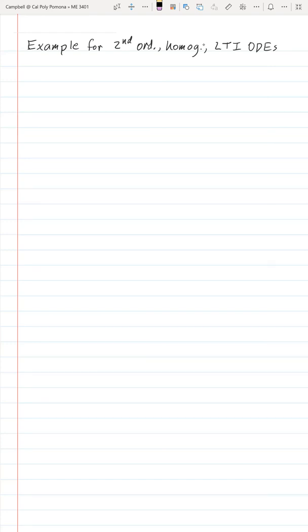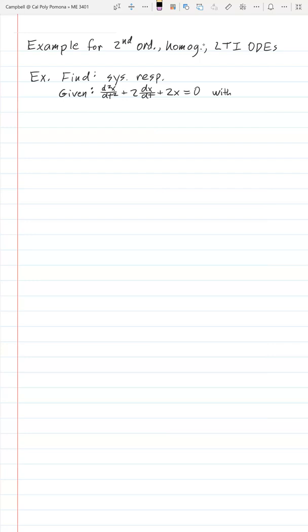So for this particular example, let's say that we're asked, as we generally are, to find the system response, and we're given the following differential equation. d squared x dt squared plus 2 dx dt plus 2x is equal to 0, and we're going to have some initial conditions.